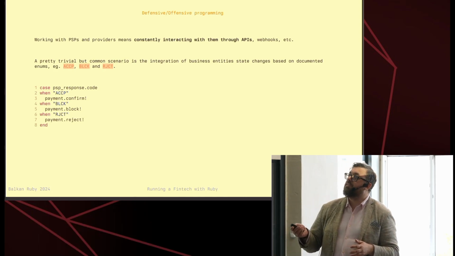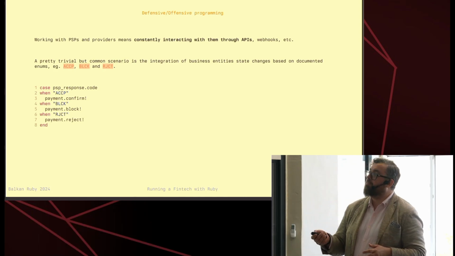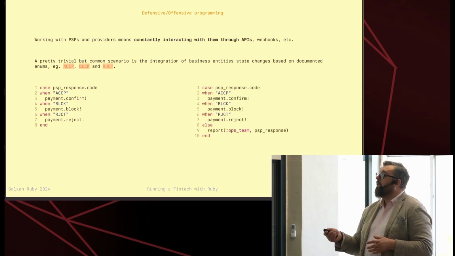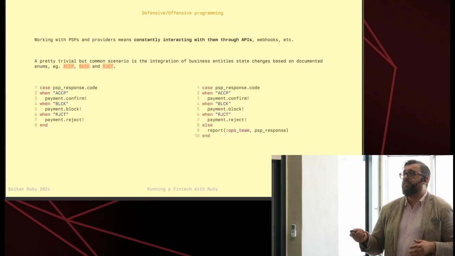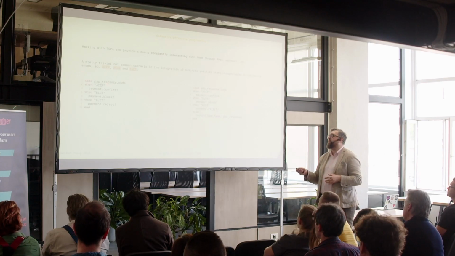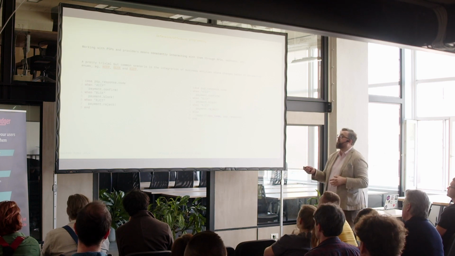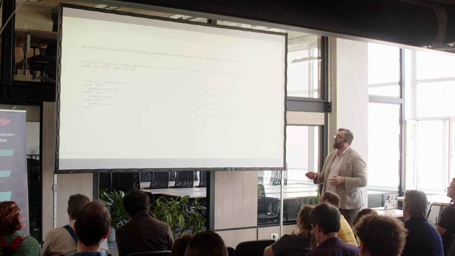I have tried to pick the most simple examples. For example, when you're receiving the response of a PSP, even if we have documented only 3 possible cases, we will never implement the management like this, expecting that the other party is going to behave exactly as documented.